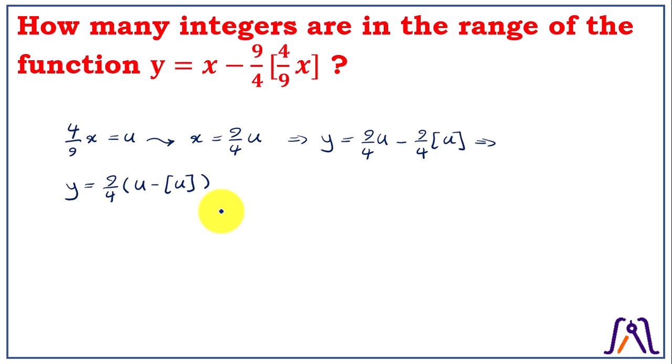Now, as you probably know, u minus the greatest integer of u is just the fractional part of the number u. Therefore, u minus the floor of u is always greater than or equal to 0 and less than 1. So we can write that u minus the floor of u is greater than or equal to 0 and less than 1.